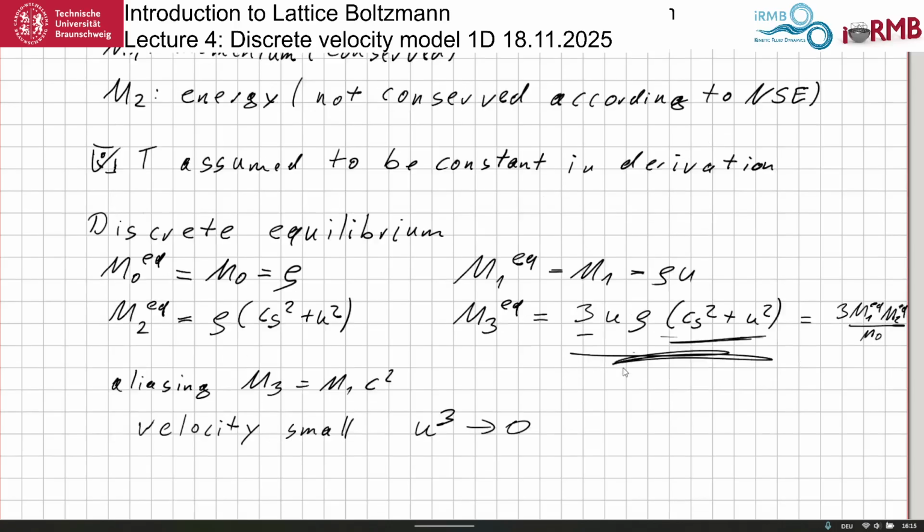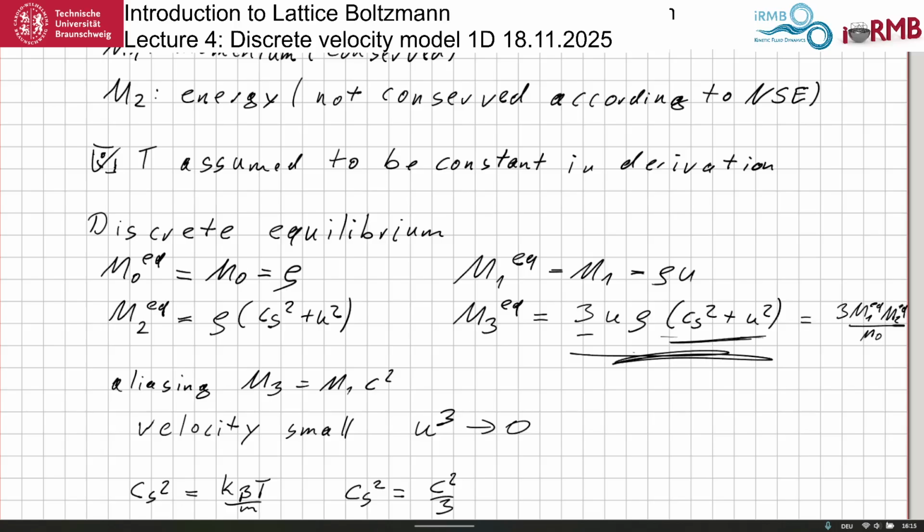Well, we have to talk about what is actually cs squared. So cs squared is supposed to be the Boltzmann constant times temperature divided by the mass of one particle, in physical units. Now in the units of our lattice, one thing that would help us would be if cs squared is equal to c squared, the lattice velocity, divided by 3.